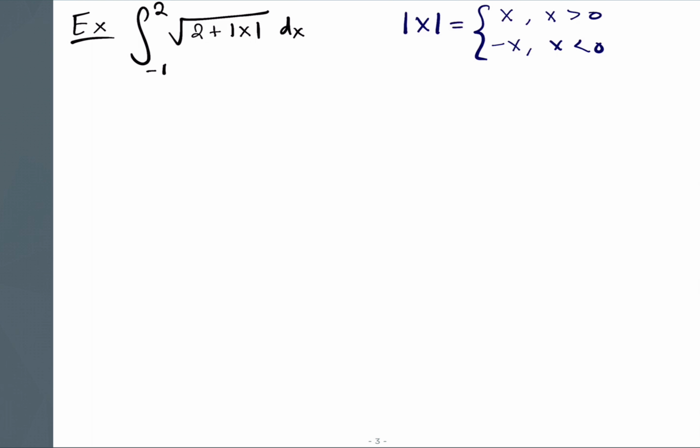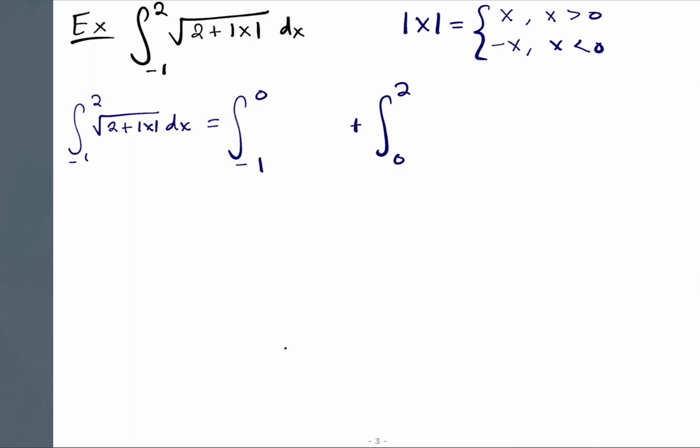And so this integral, we're going to have the integral from minus 1 to 0, right? Because that's where we change functions, and then of some stuff, and then we're going to have the integral from 0 to 2. Does that make sense? Okay.